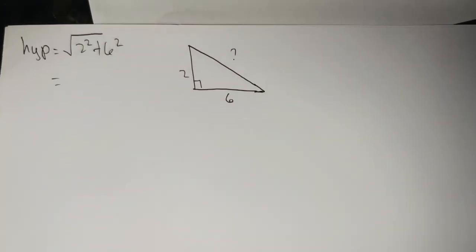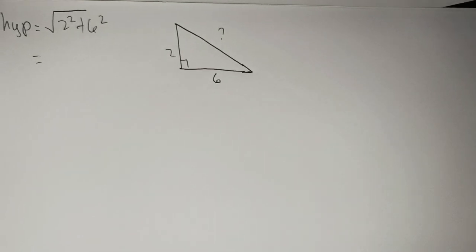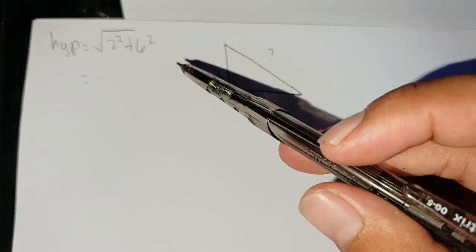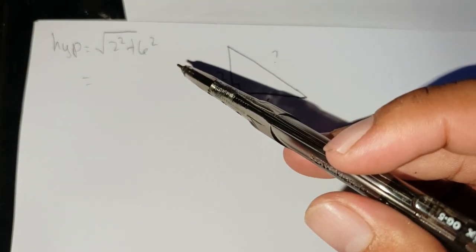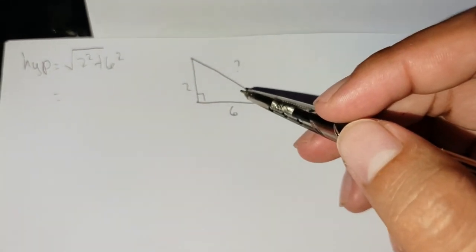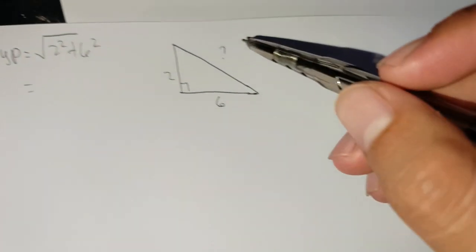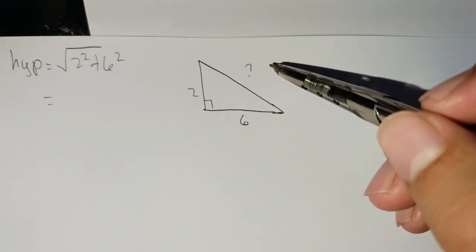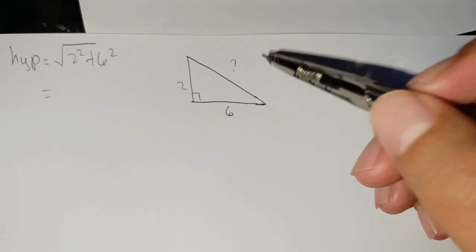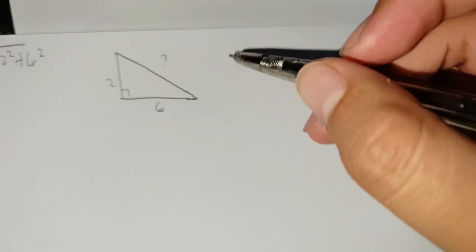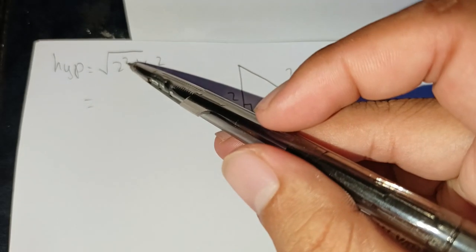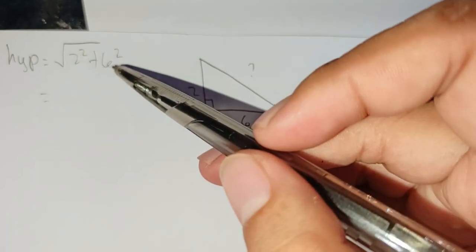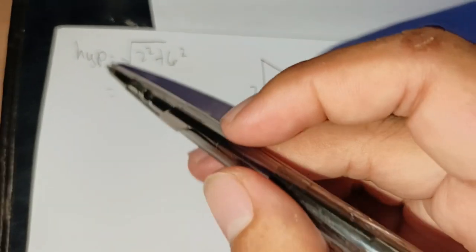Now, let's have an example. We are given the two legs of a right triangle, and the problem is to find its hypotenuse by using the Pythagorean theorem, where a squared plus b squared is equal to c squared.